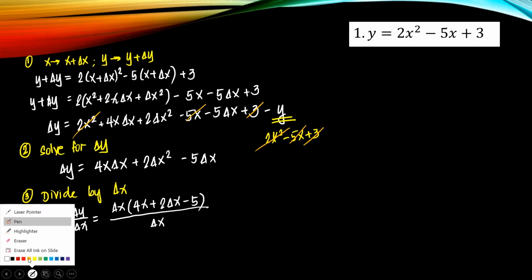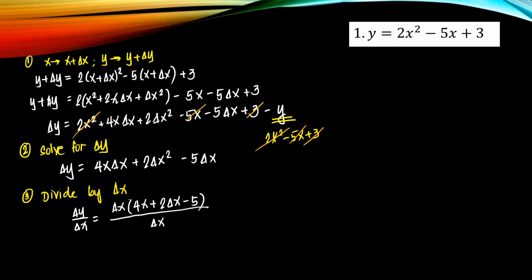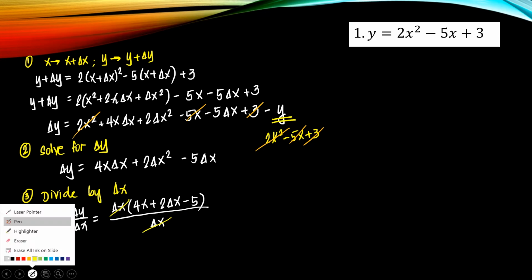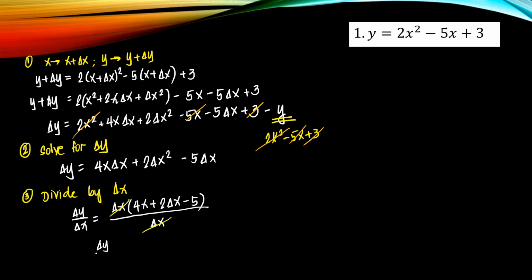And then as I solve, maybe I can try canceling out some terms. So that means the simplified delta y over delta x is actually 4x plus 2 delta x minus 5. Can you follow so far, guys?